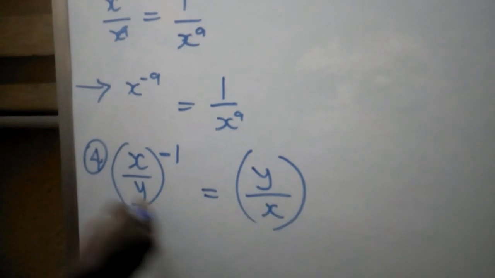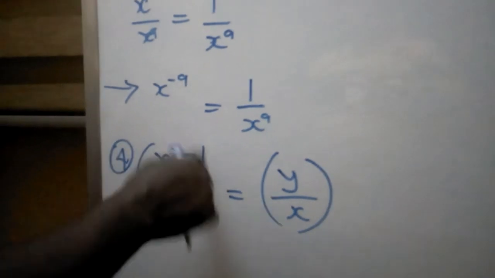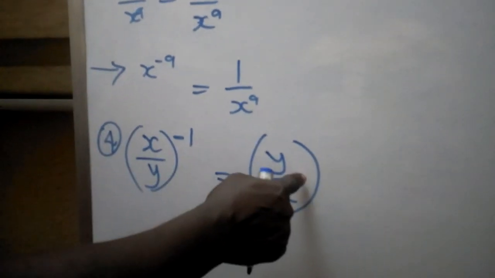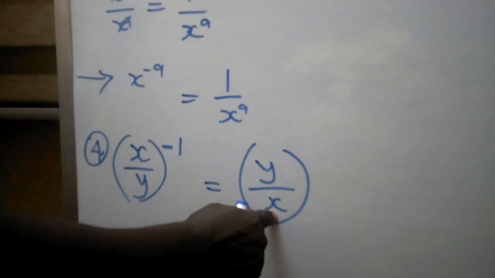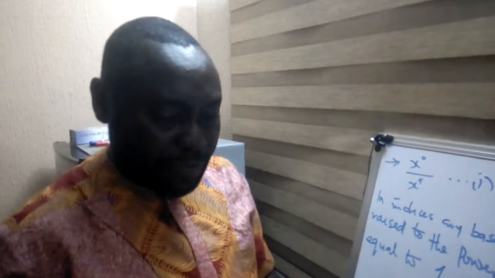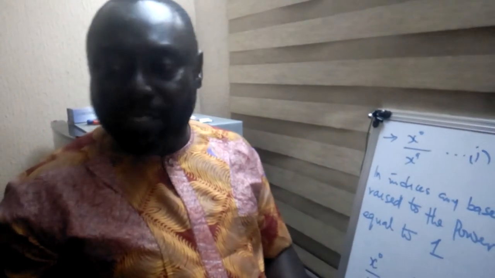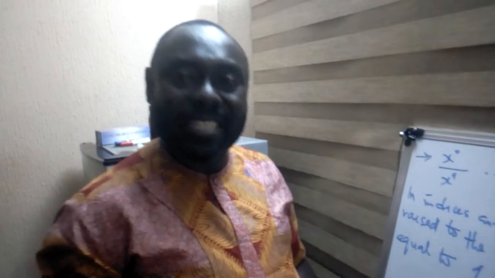Here in the question you have x all over y raised to the power of minus 1, but the solution is y all over x. I know as we study further with examples, you will be able to understand what indices truly is.